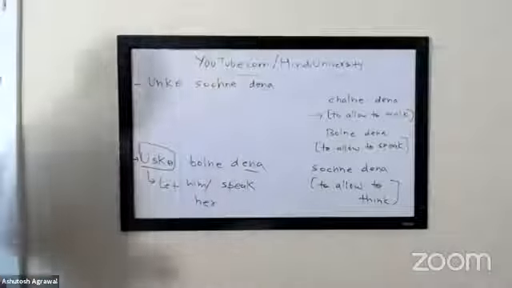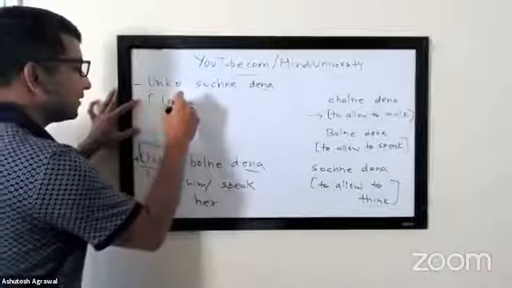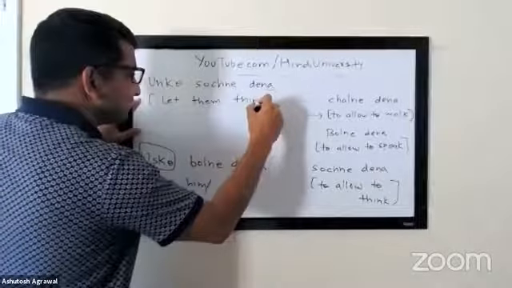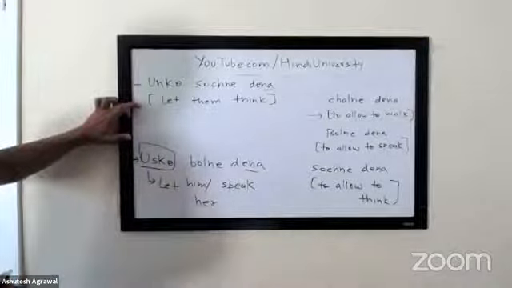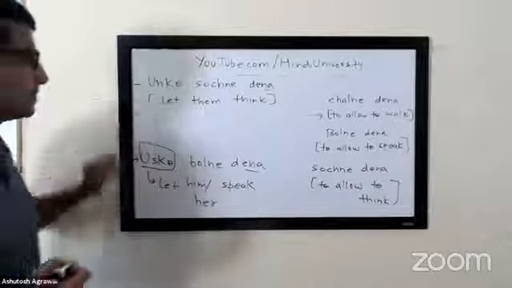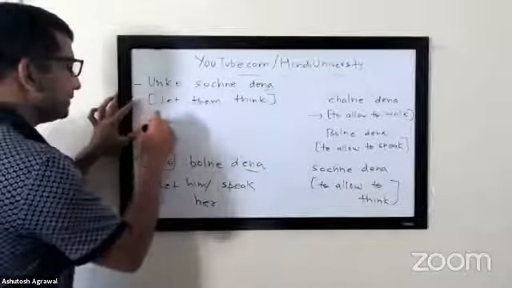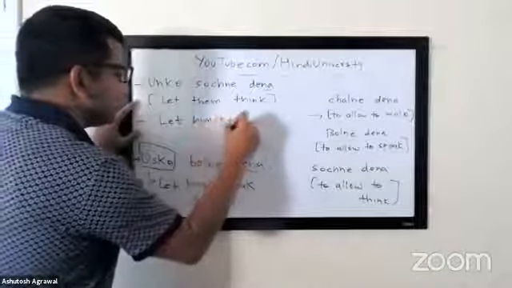It means to let them think. Let them. Can you think of any other examples? Along the same lines, Tommy? Like usko khane dena. Okay, let him eat or let her eat.